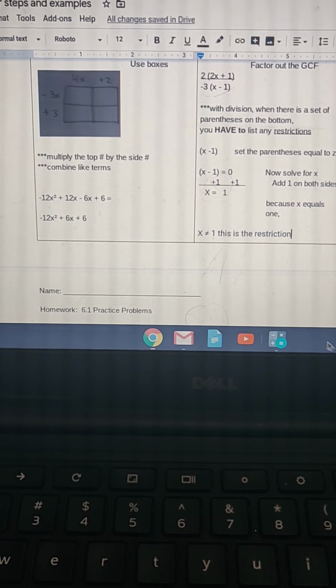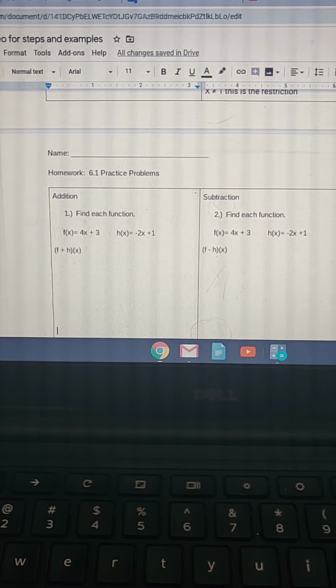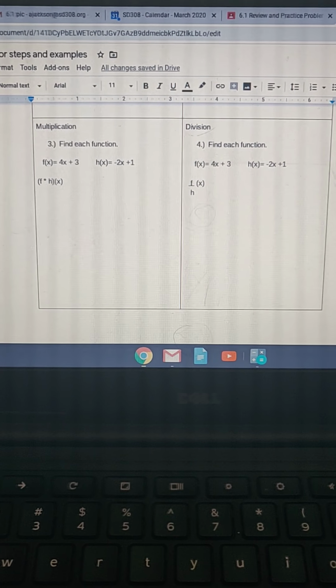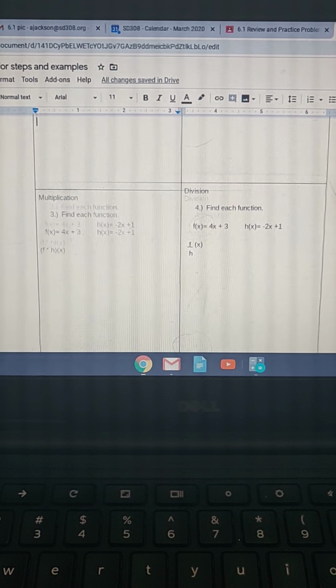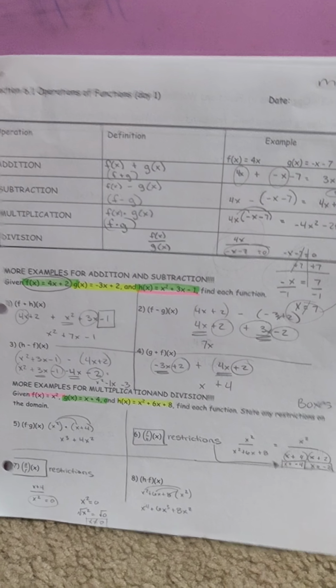You guys have 4 problems. So if you continue to scroll down on your Google Doc, you will be able to see the 4 problems that I've prepared for you. Very similar type problems. And again, if you need something to refer back to, you can look at your 6.1 notes, and if you still have it, the 6.1 homework assignment.